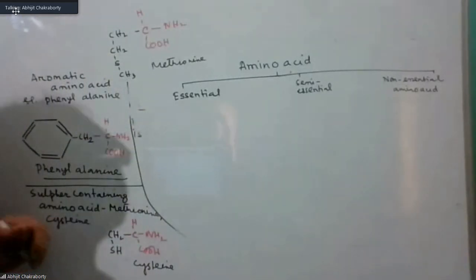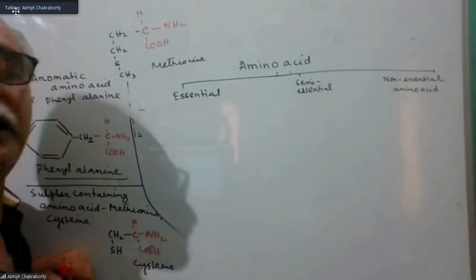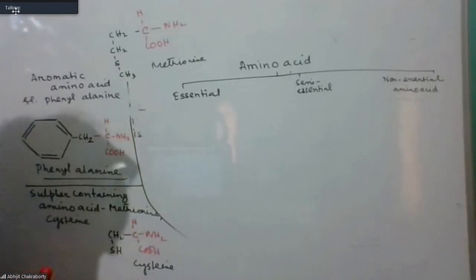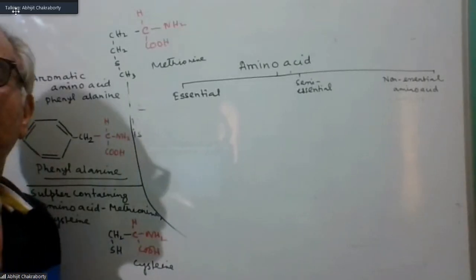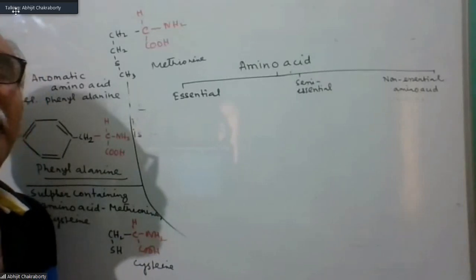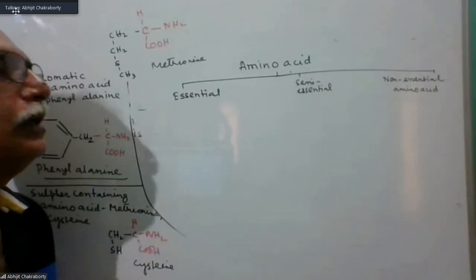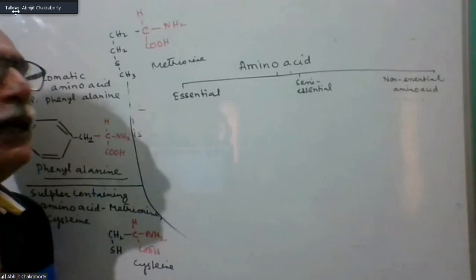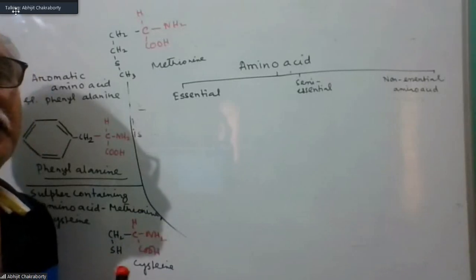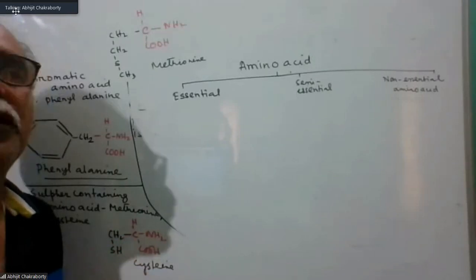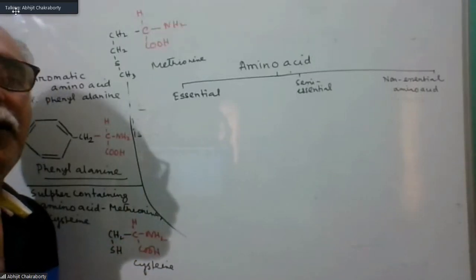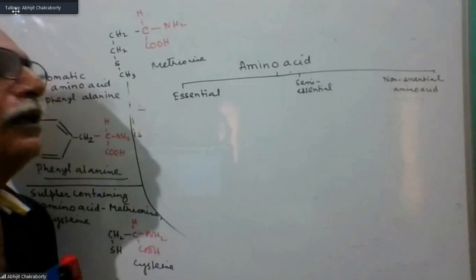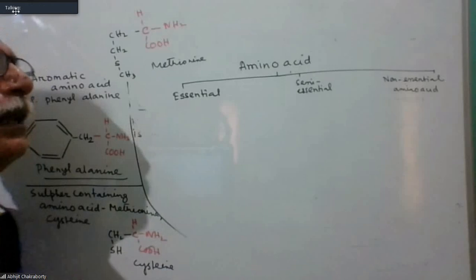Essential, semi-essential, non-essential amino acid. You know, the amino acids which are not synthesized in our body but required for our nutrition, so they are to be taken from outside through diet, called essential amino acids. The amino acids which are essential for our nutrition but are not synthesized inside our body, as they are to be obtained through food, called essential amino acids. There are 8.